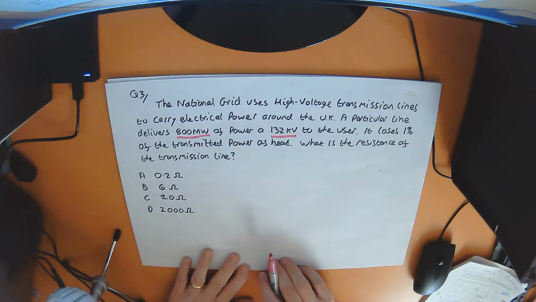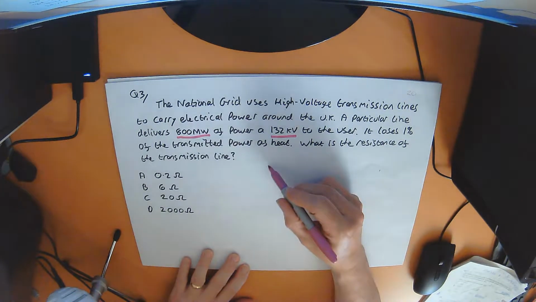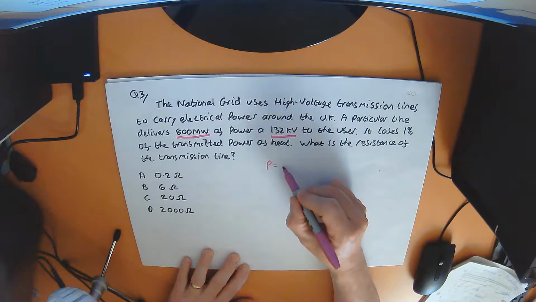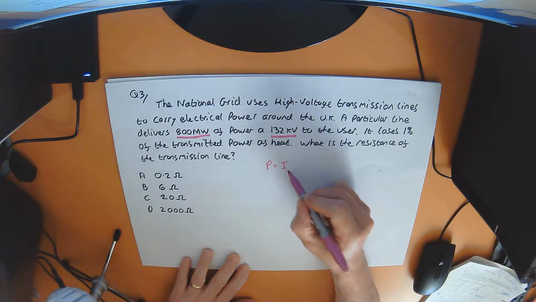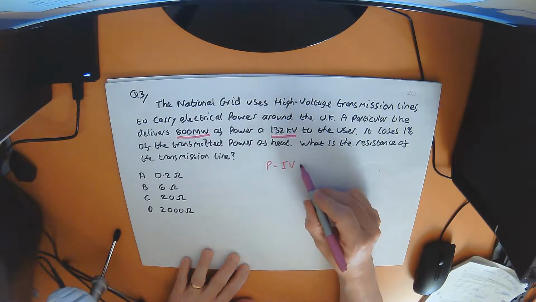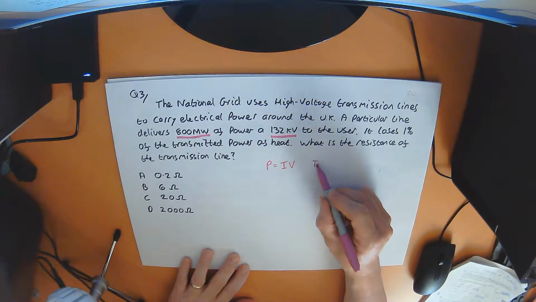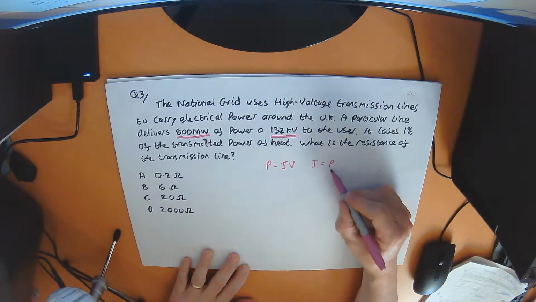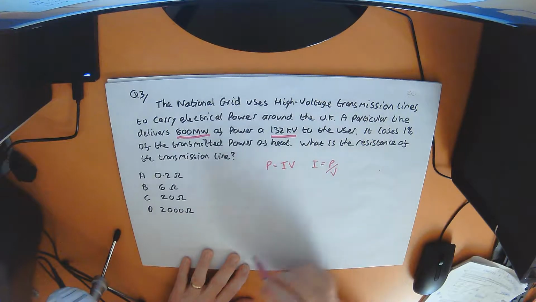Which means that we can apply the fundamental definitions of power and potential difference and current. And so power is current times voltage, or current is equal to power divided by voltage.